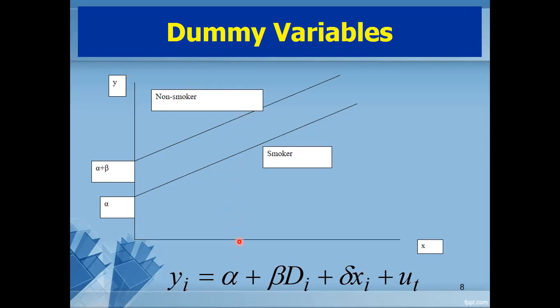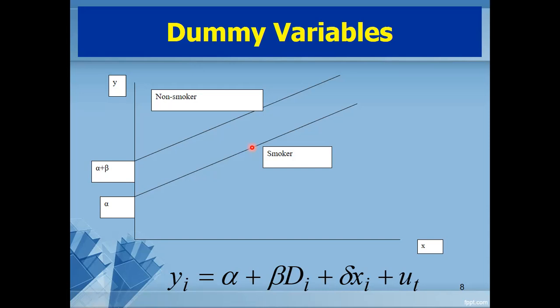So now it is clear that for any given experience level, the average income of a non-smoker is much higher than the average income of a smoker, right? So to analyze this kind of situation, we should incorporate dummy variables into our regression analysis.